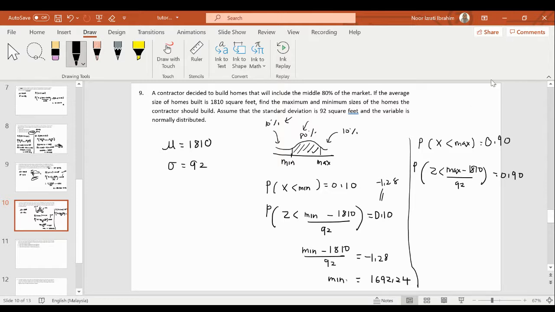From the table, probability 0.90 is for the z 1.28. So max minus 1810 over 92 equals 1.28. That gives us the maximum size of the house as 1927.76 square feet.